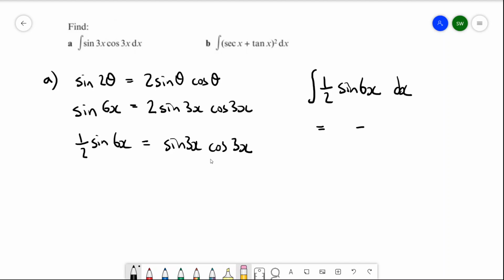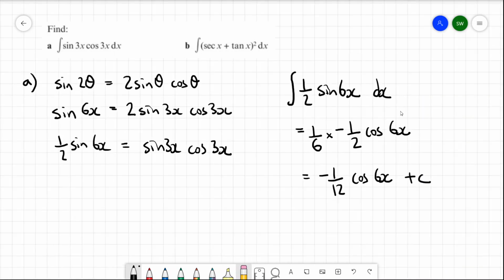So we know it's going to have minus a half cos of 6x. But because we're integrating, our substitution would be 6x, and we would end up dividing by 6. So we need to times by a sixth. So we're going to have minus a 12th cos of 6x.